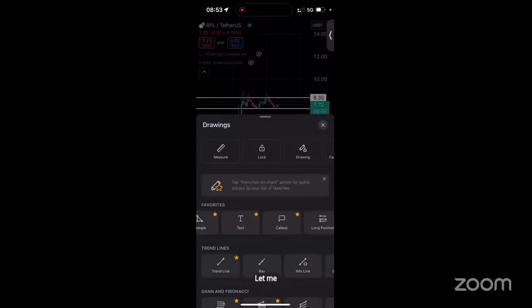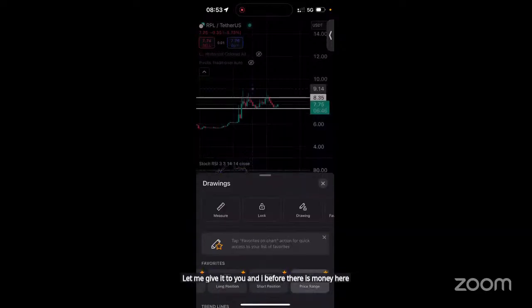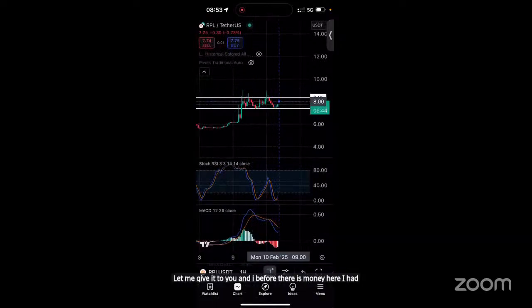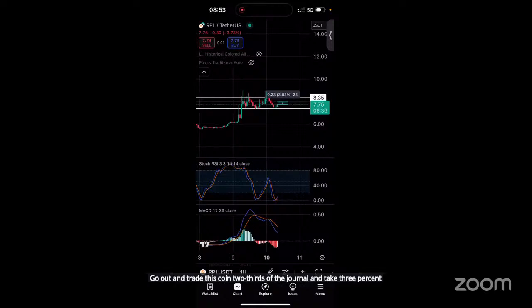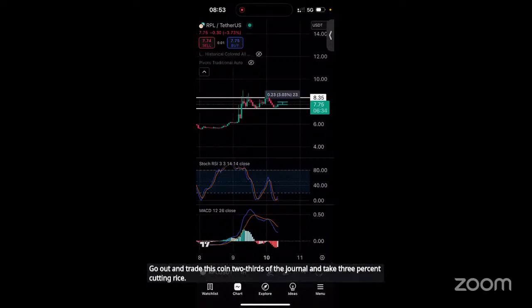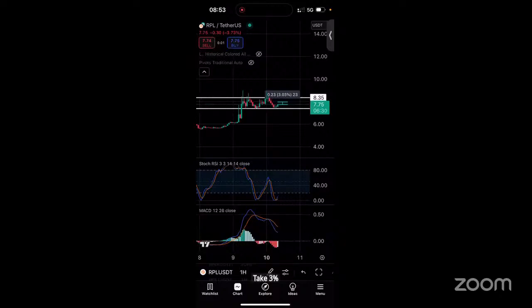Before there was money here, I had left it to go. Go and trade this coin. 2/3 of the journey. Take 3% current price. I have given a signal.